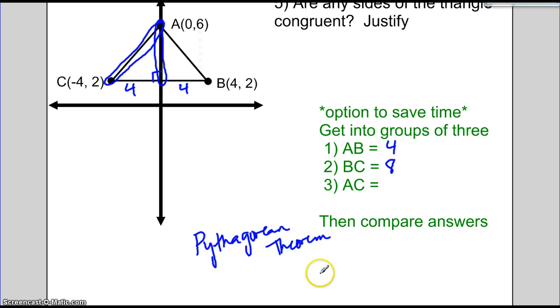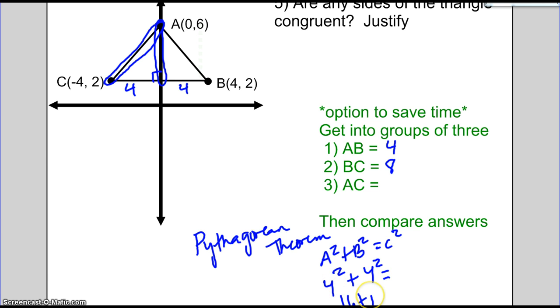That looks like A squared plus B squared equals C squared. You got to use that. Now, people always ask what is A and what's B. It doesn't really matter. If this is 4 and B is this side, which we said is 4. 4 squared is 16.